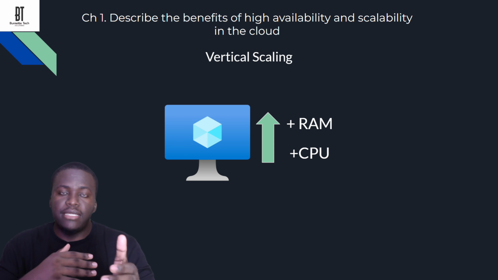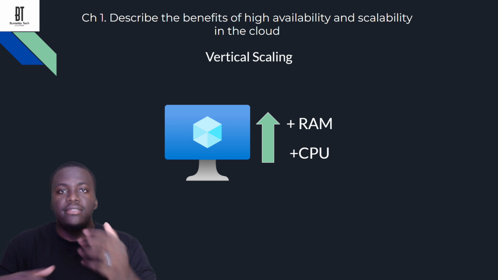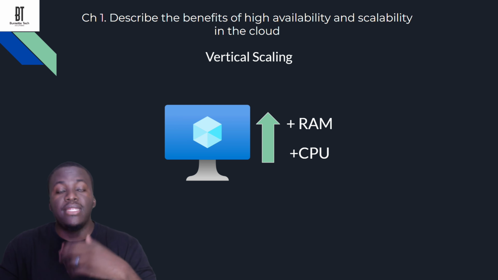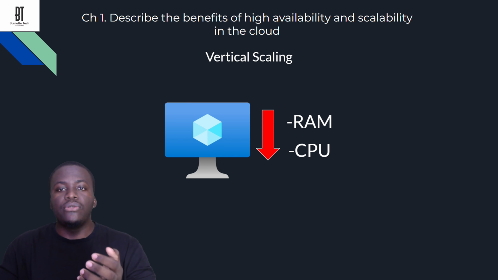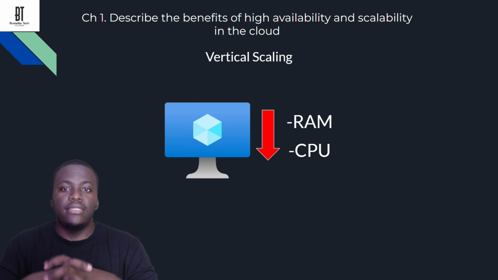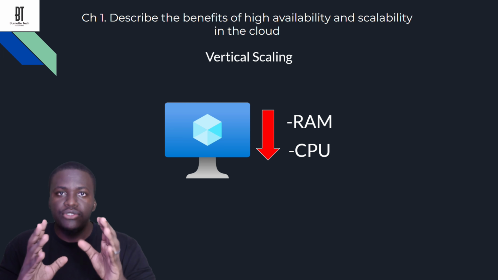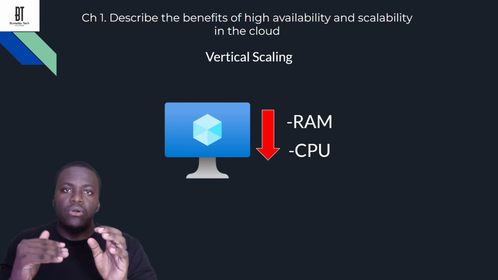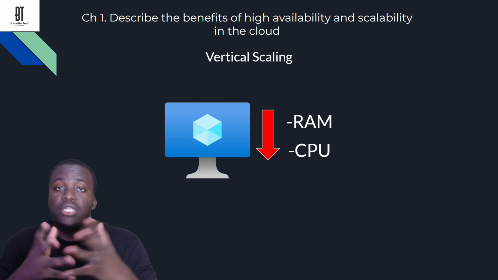Now, as I mentioned before, scaling can go both up and down. So the same way you can add more RAM or add more CPU to a virtual machine, you can also remove or reduce the amount of RAM and CPU that you have on that particular virtual machine. So vertical scaling is you have a single resource and you are adding more system resources to that specific resource or machine.